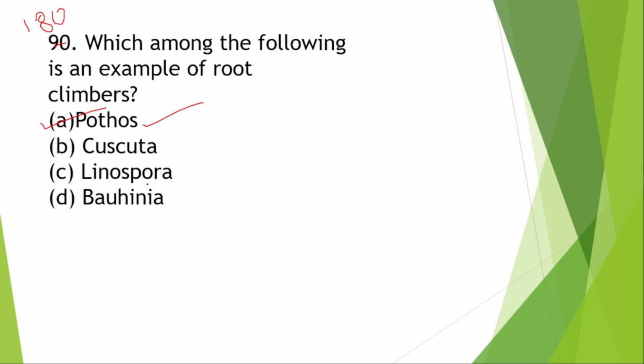Ligustrum or similar is not a common climber plant. And Bauhinia is a flowering plant like the orchid tree, so this one is also not. So the right option is pothos. Its common name is money plant.